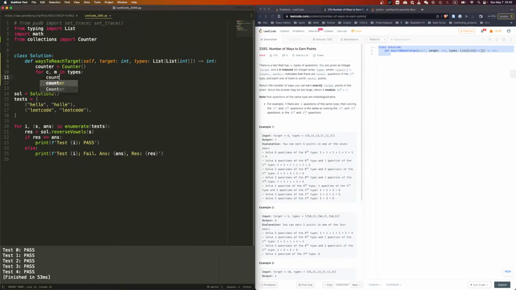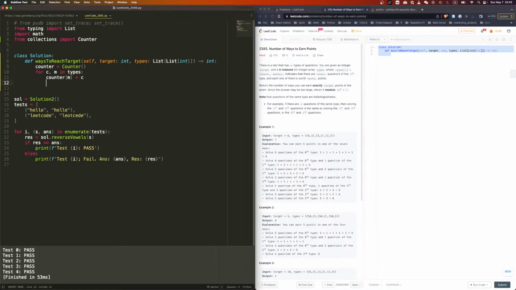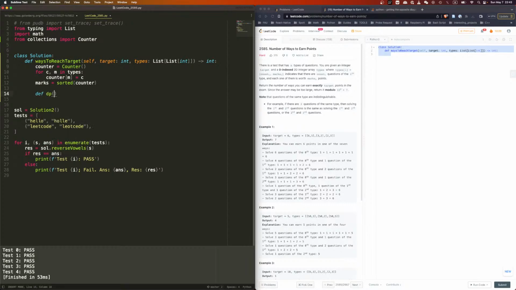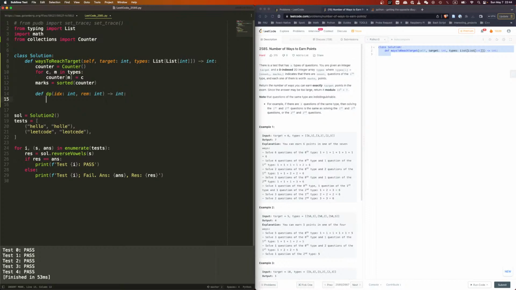Then we say counter mark equals C. This is the number of count. And then we say marks equals the keys of counter. Okay, then def dp, we have index and remain. What do we return? Return an int.